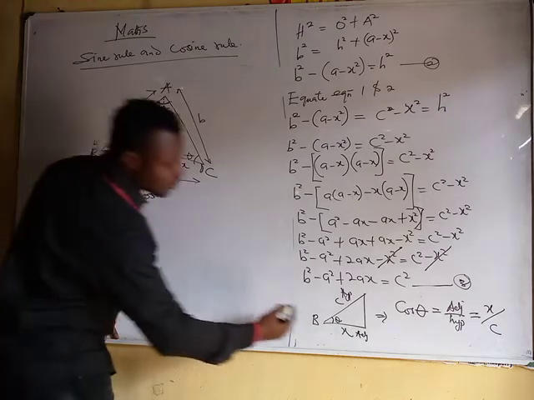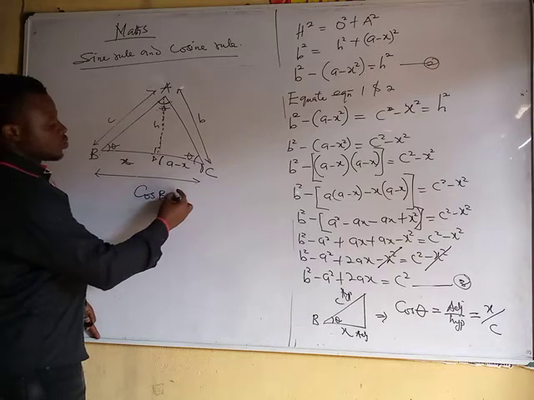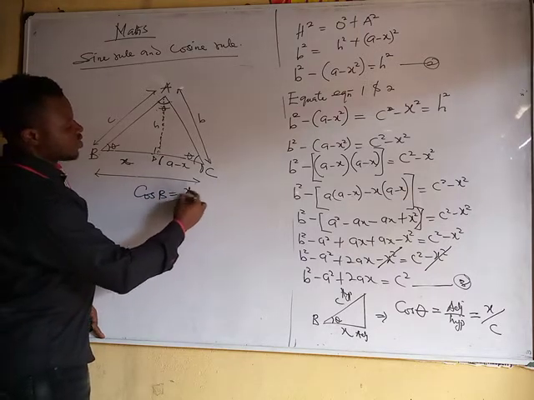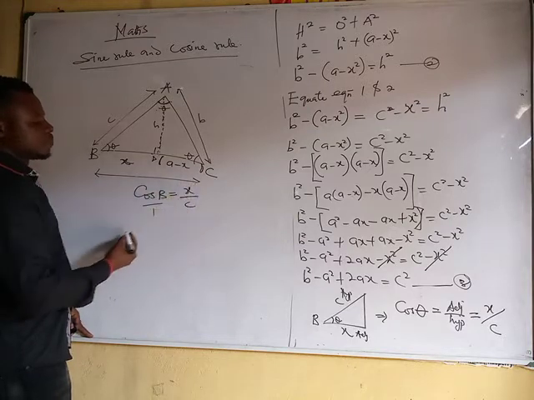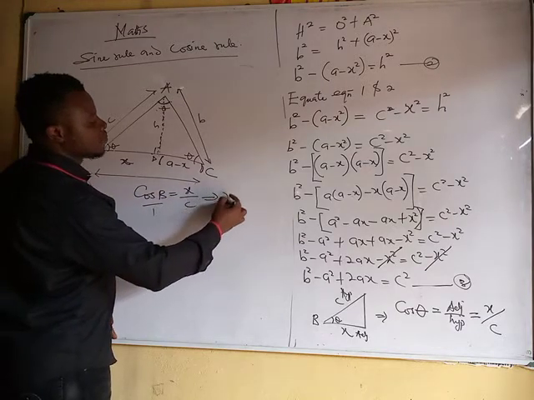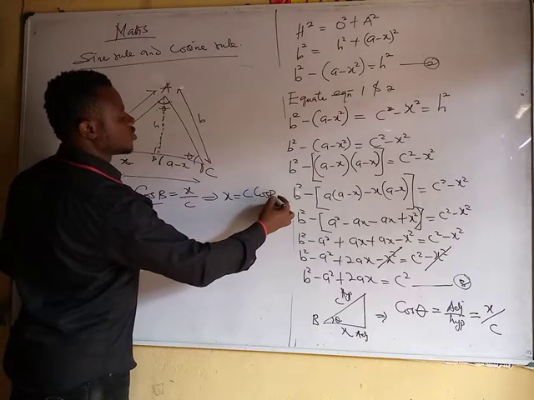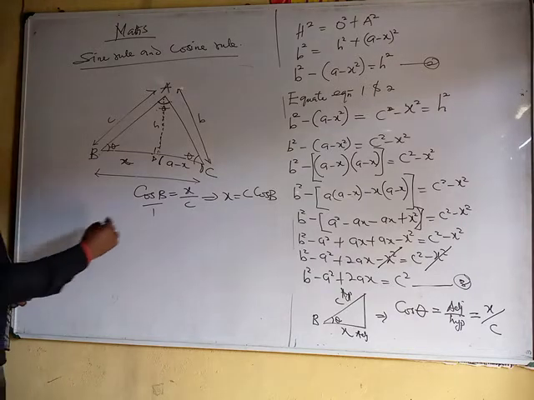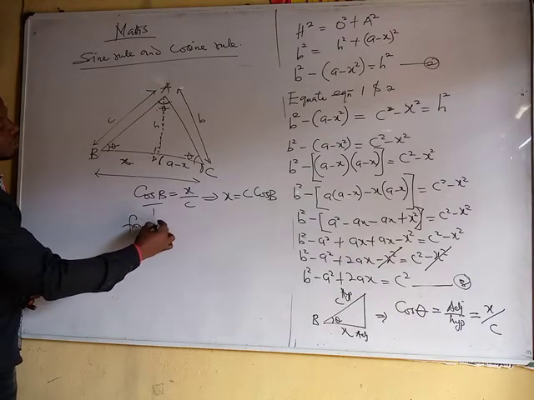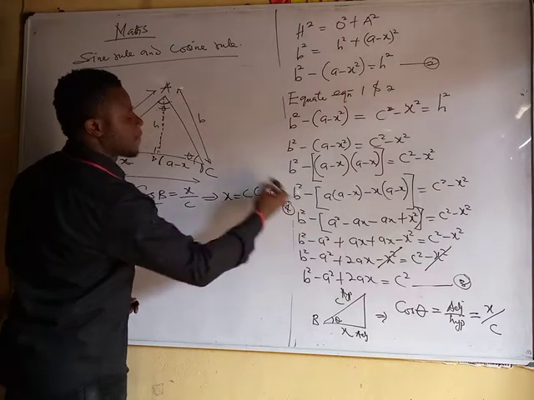So in this case now, this angle we call capital letter B, which is equal to s over c. This 1 over 1, can we cross multiply? Yes. This implies that s is equal to c cos of B. I go back to equation 3. From equation 3, let me call this one equation 4.